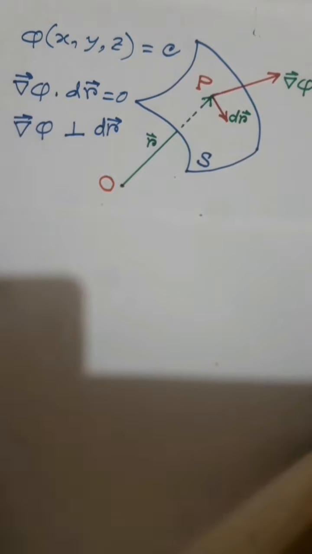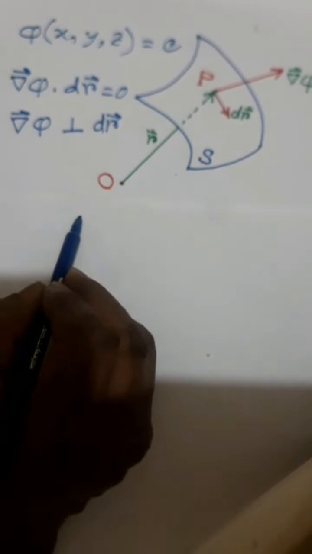In other words, grad phi is along the normal to the surface where phi is constant. Phi changes most rapidly in this direction. In other words, the direction in which phi changes most rapidly is the direction of grad phi.